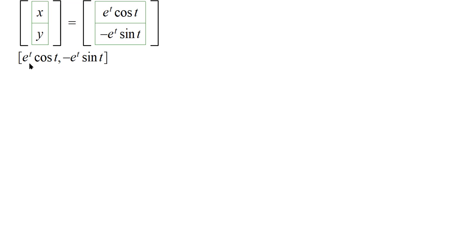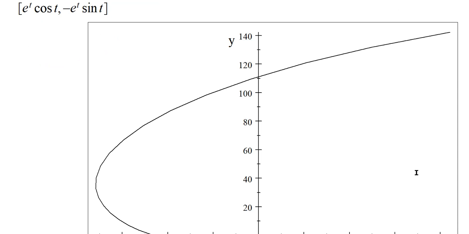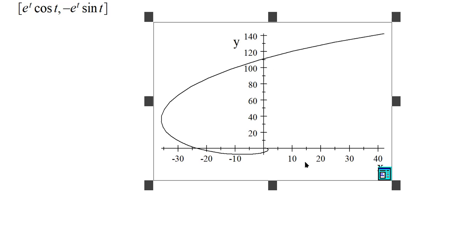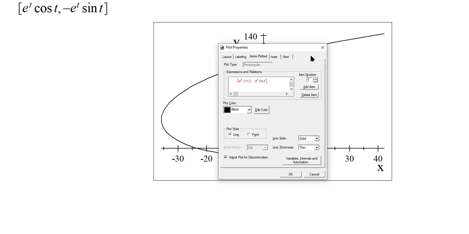If I graph it, you can see e to the t is going to make it really large because it will grow exponentially, and sine and cosine are going to pull it back. As you see here, the values increase, and sine and cosine will be pulling it back towards, I don't know how to put that in words, but don't worry. Let's just go ahead and see for ourselves.